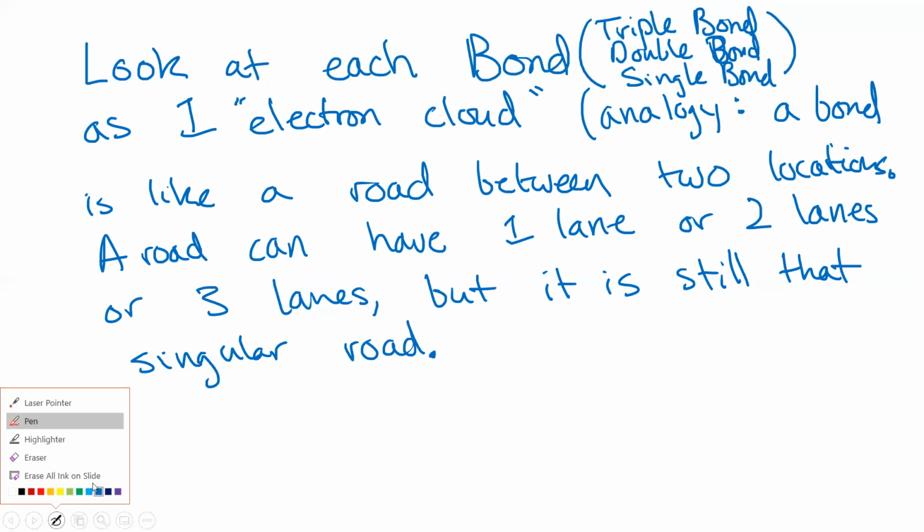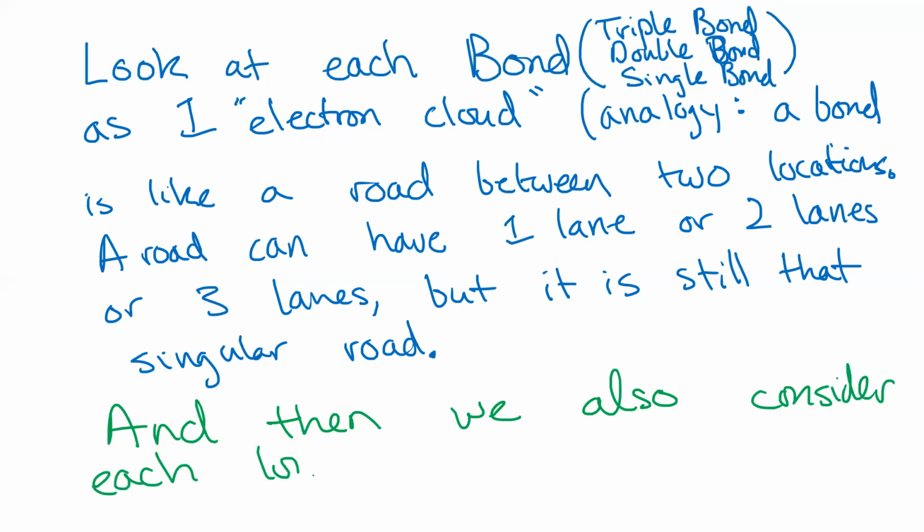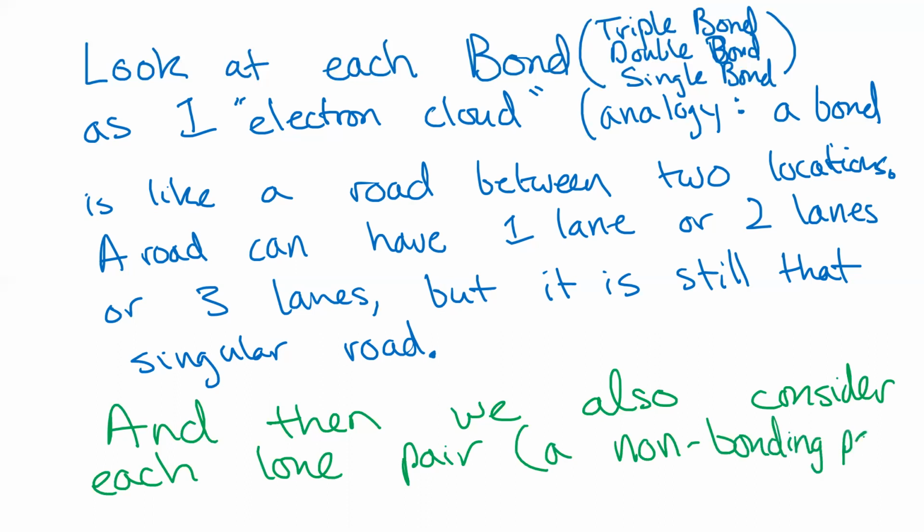So we look at each bond as one electron cloud, and then we also consider each lone pair, which we also call a non-bonding pair, as an electron cloud.